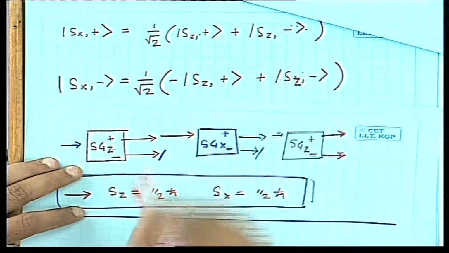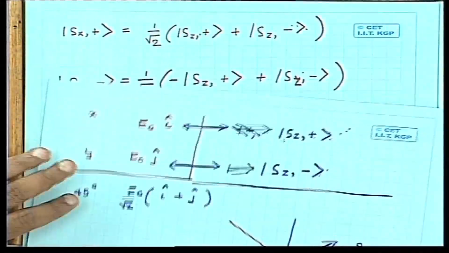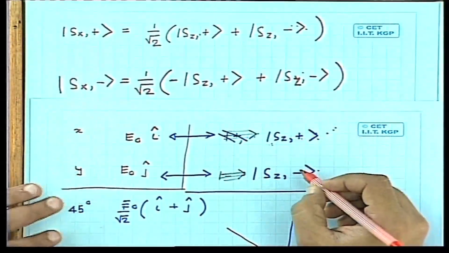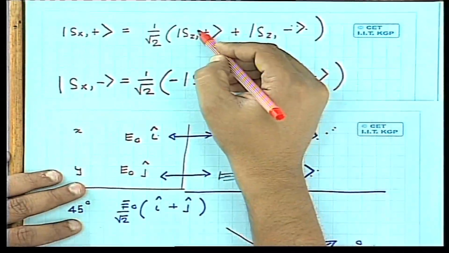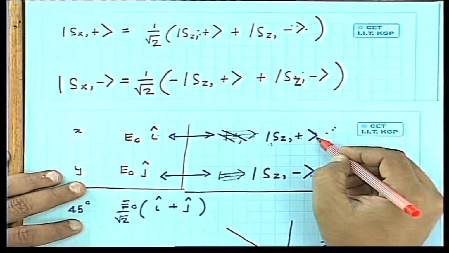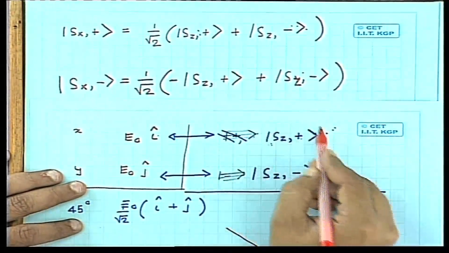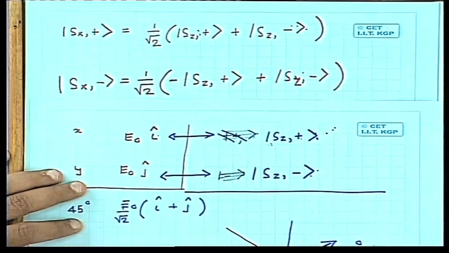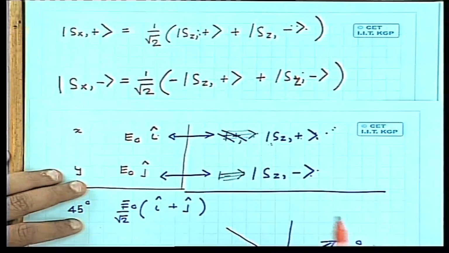I take these particles, and if I make a measurement of the z component of the spin again, if this state over here has a part of this vector in it, then I will get some particles with spin up. And if this is also there in it, then I will get some particles with spin down.